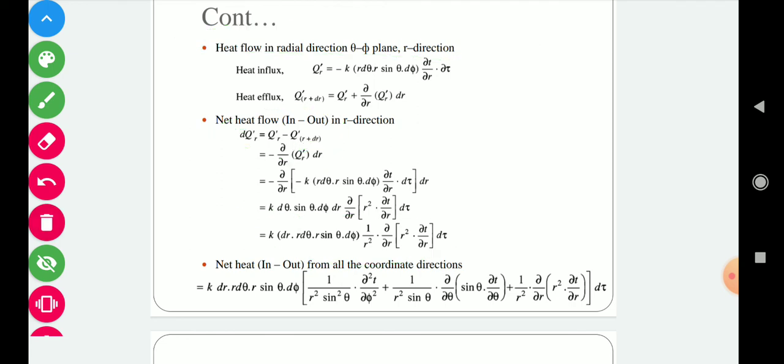Now the net heat in minus out from all the coordinate directions will be this one, the summation of three equations: the first equation and the remaining two equations derived in previous slides. So this one is the net heat in minus out from all three coordinate directions.